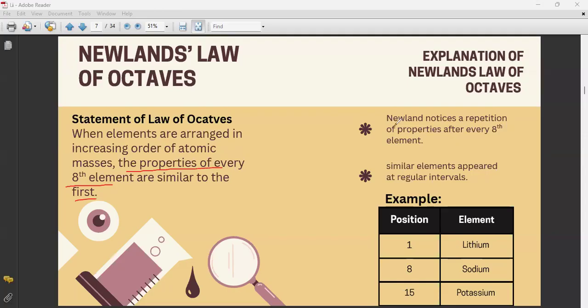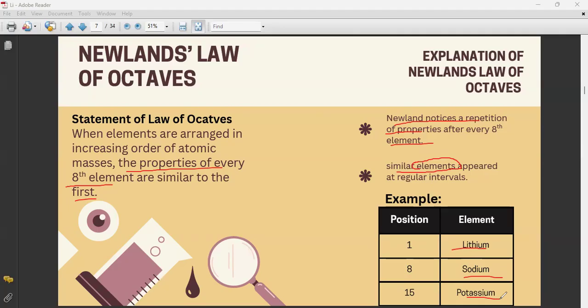Okay, now Newlands noticed a repetition of the property after every eighth element. So similar elements, or similar chemical properties, appeared at regular intervals. Similarly, he gave us the example of lithium, sodium, and potassium, the similar elements which Dobereiner had put into triads.